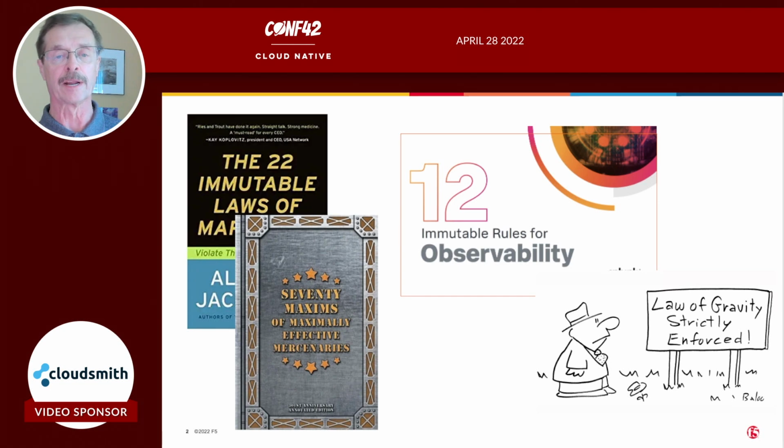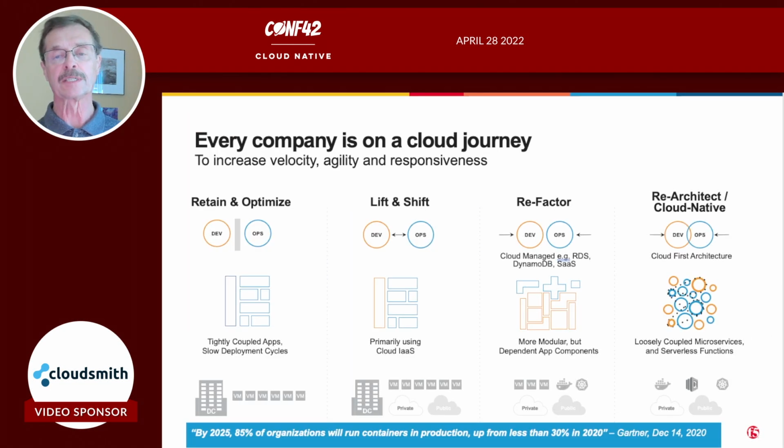So let's get started. Well, first, we need to talk about why we're even interested in this space. And the short answer is that we're all on this cloud native journey, and we're designed that way to be able to increase the velocity, the way that things are transforming, keeping up with customer demands, outpacing our competition. We need to be agile and we need to be responsive.